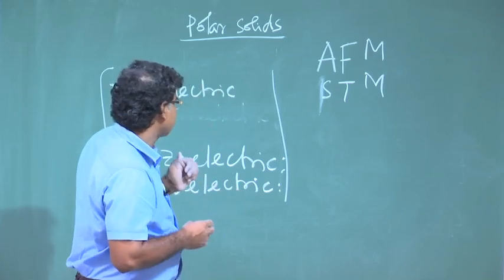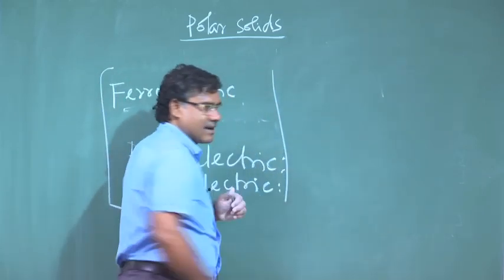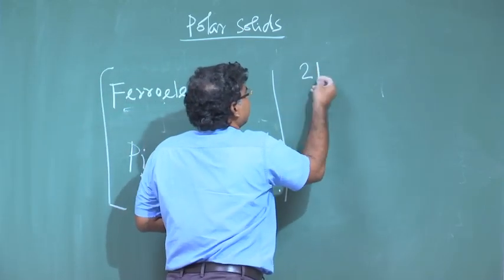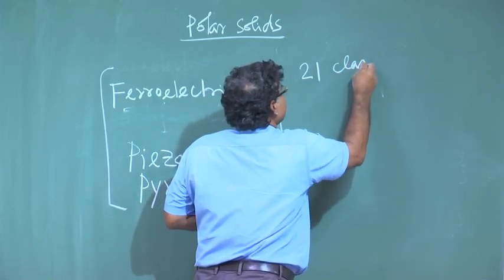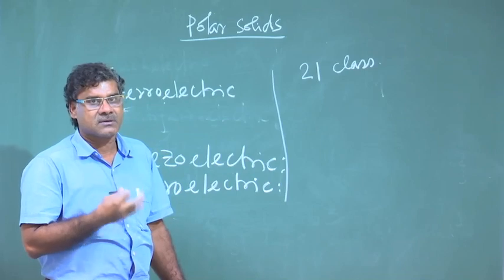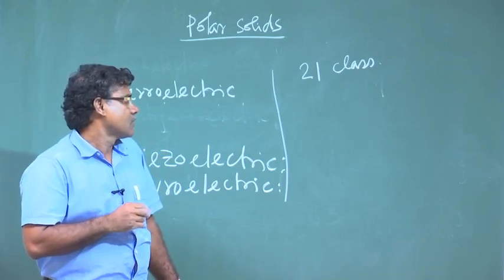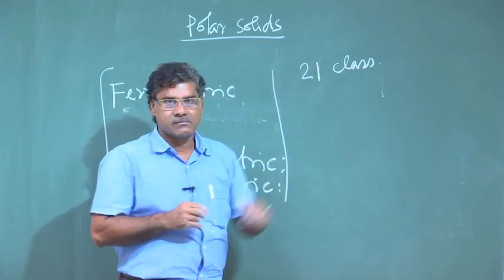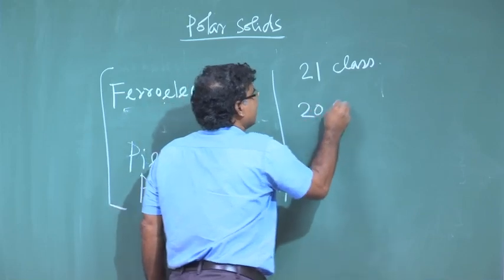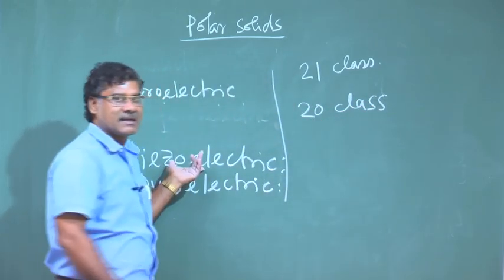I just want to make it clear. So, the reality is there are 21 classes of non-centrosymmetric material. Okay. Out of these 21, 20 classes of non-centrosymmetric material are piezoelectric type.